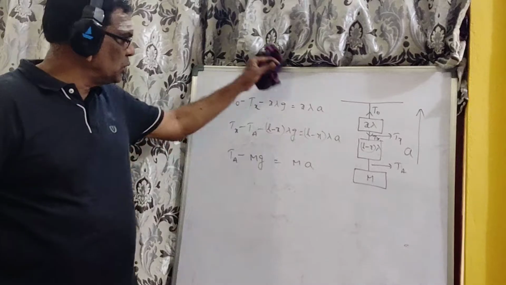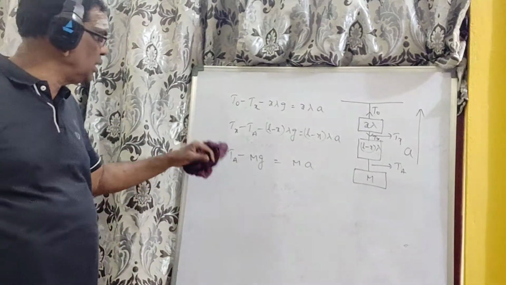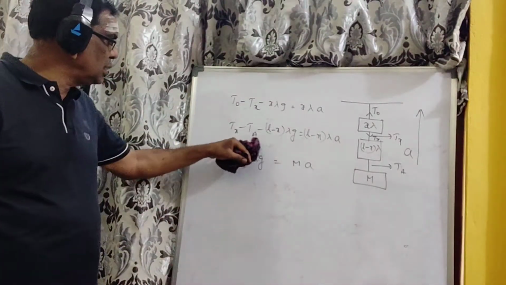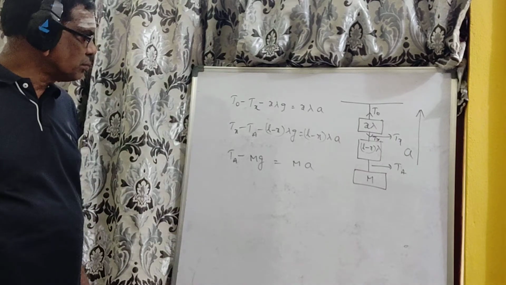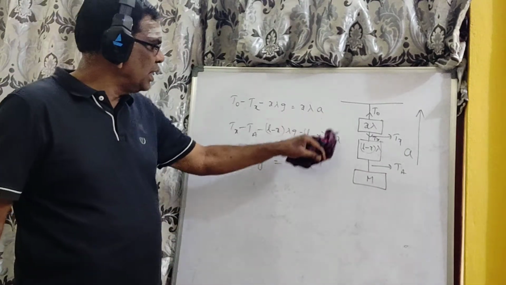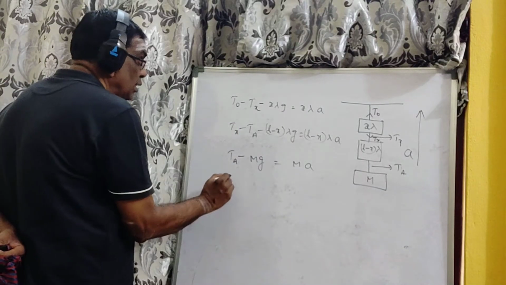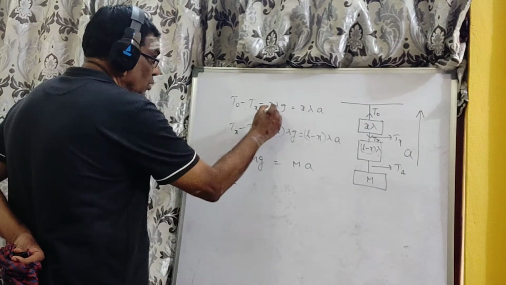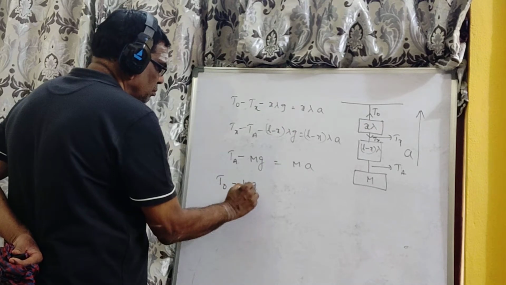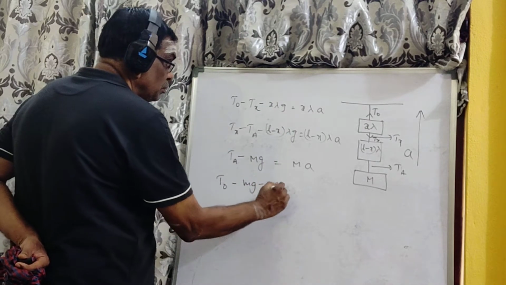In fact, if you sum up all, you can see Tx gets cancelled, Ta gets cancelled, and x lambda g gets cancelled. So what are you getting? T naught. Now this whole thing becomes mg. This becomes mg.